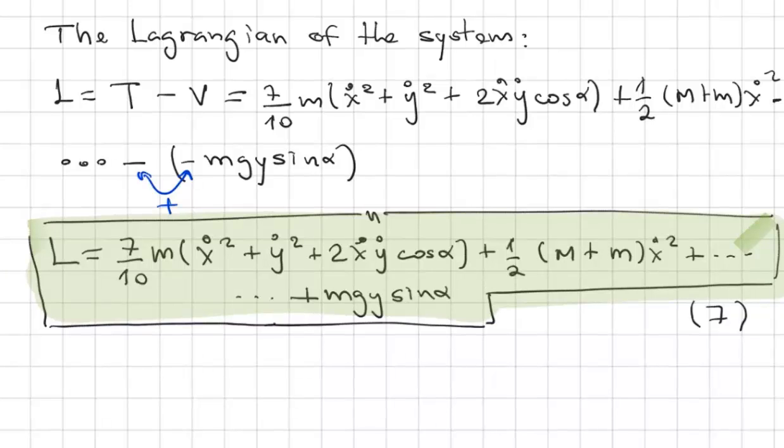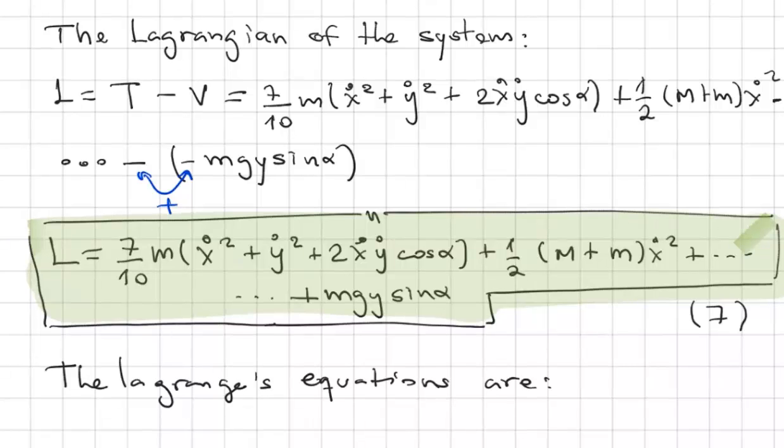So the Lagrange equations for this system with two generalized coordinates. So this is a system with two degrees of freedom, or two generalized coordinates to represent the system. Okay, so the Lagrange equations are, for each generalized coordinate x and y, the following equations.